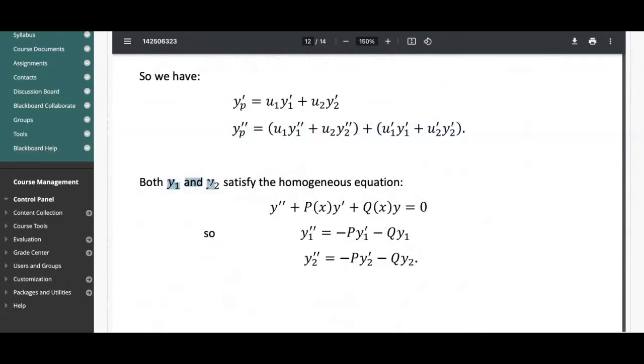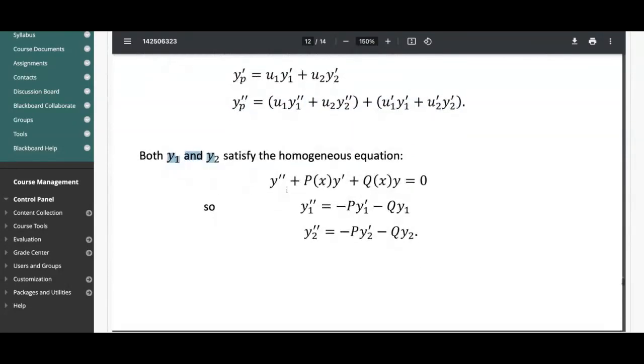So both y1 and y2 satisfy the homogeneous equation when we make the f of x to be 0. And then we get y double prime to be this, right, related with p and q. The y1 double prime, y2 double prime.